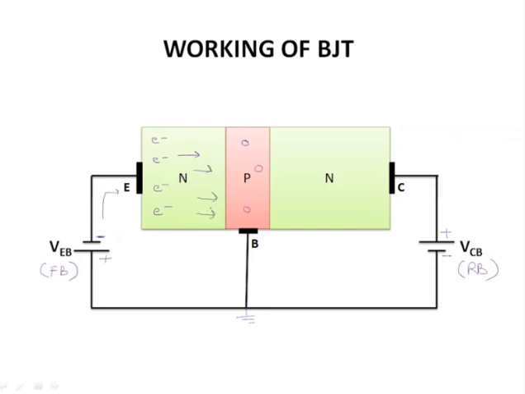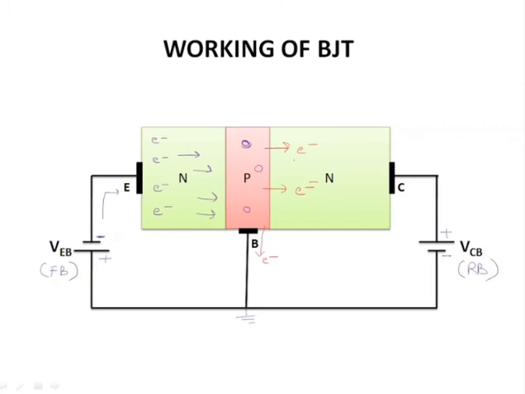Some electrons will easily pass through the base due to the presence of holes here. Some electrons will get recombined, other electrons will pass through this area. Now you see that this collector is connected to the positive terminal, so some electrons will also be influenced by this terminal and will start flowing this side.